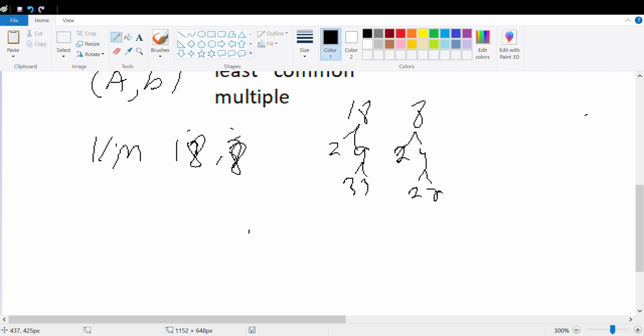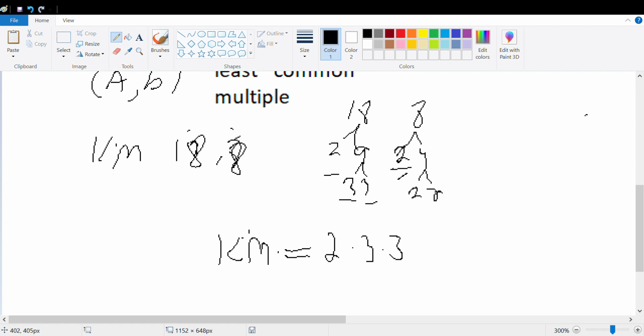So when we multiply these to find the LCM, we write these down. So 2 times 3 times 3. And then we see that there's already a 2 there, so we're going to check that one off.